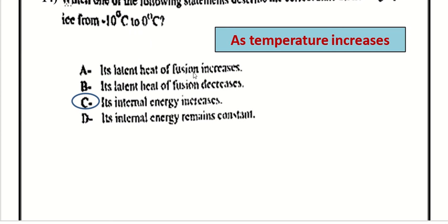But there is no latent heat of fusion, so it will not change in state. It's in the same state, solid, and as the temperature increases, the internal energy increases and does not remain the same.